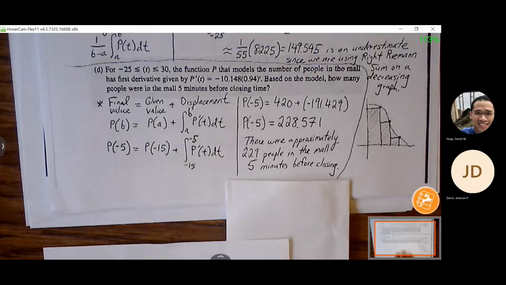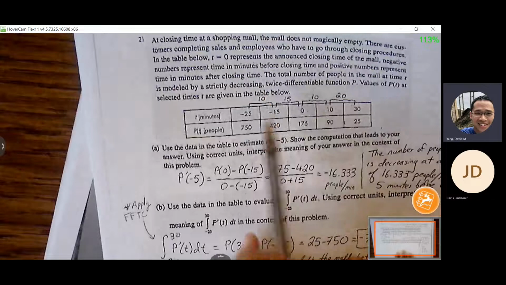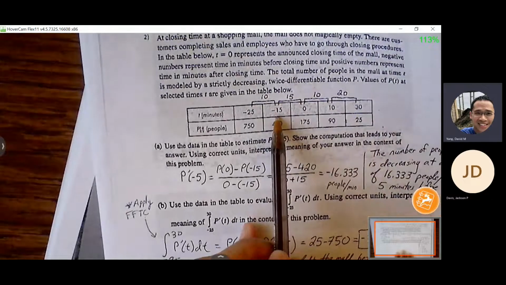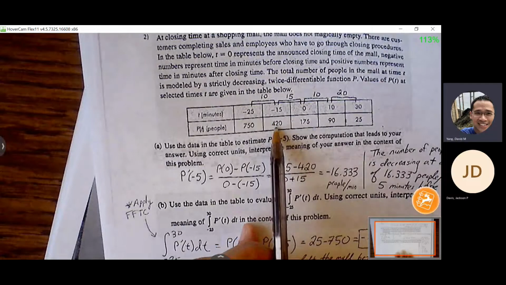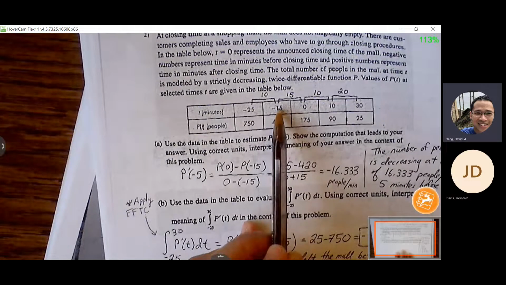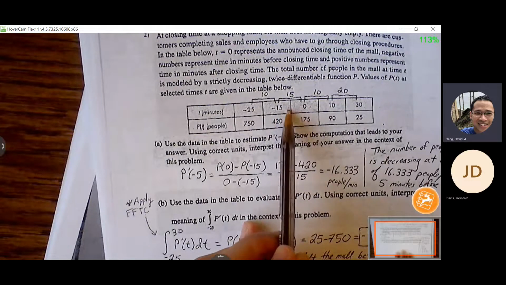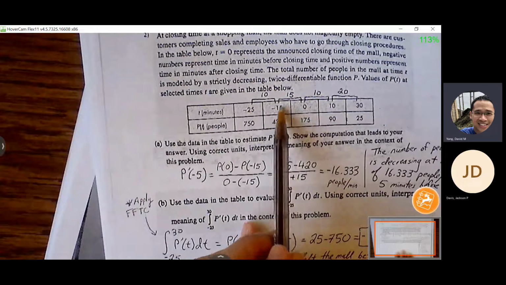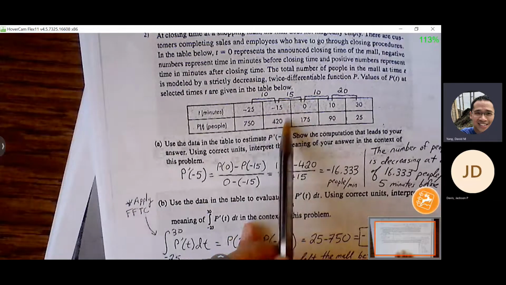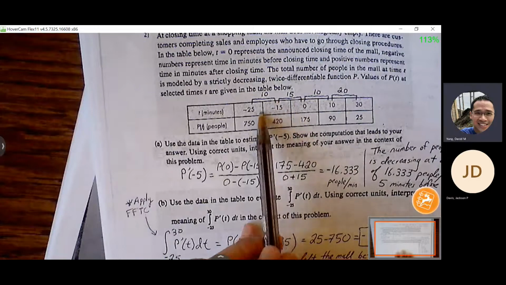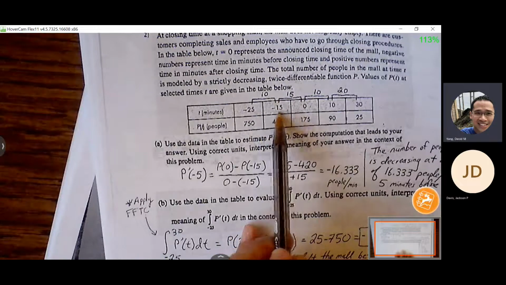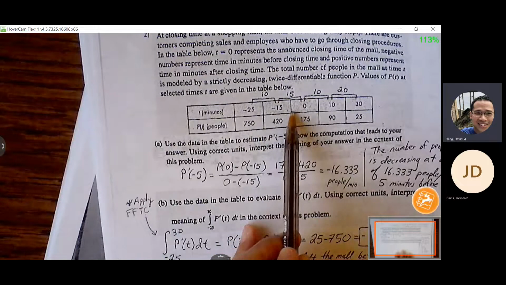Yeah, question? The -15 came from the fact that we know that 15 minutes before closing, there are 420 people in the mall. So we want to figure out how many people are in the mall at 5 minutes before closing. So we basically want to choose the closest known value and then bridge the gap to 5 minutes before closing.